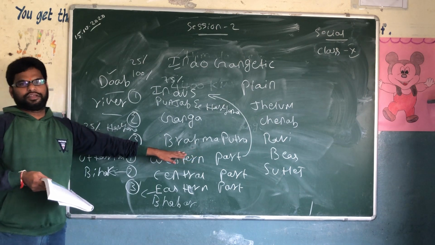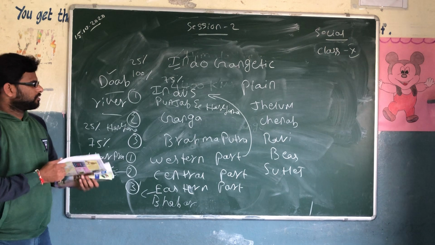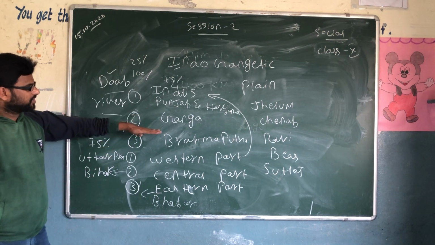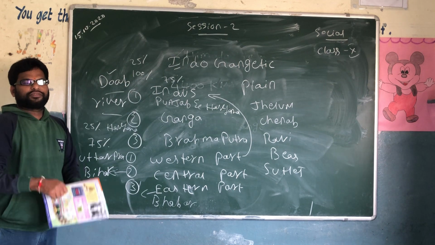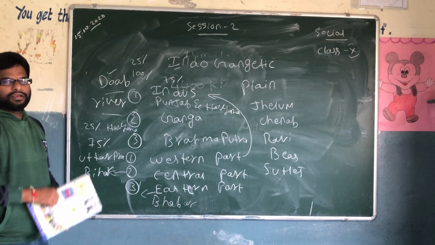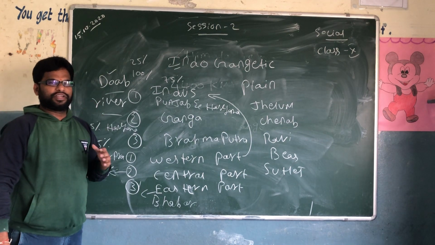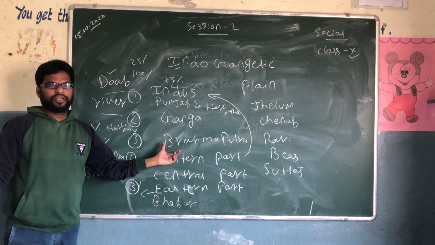I'll revise once again all the topics that we have. Just I'll go with the Ganga region. Here, the Ganga river flows in which areas? We could see it's not only one state, it flows in different states.